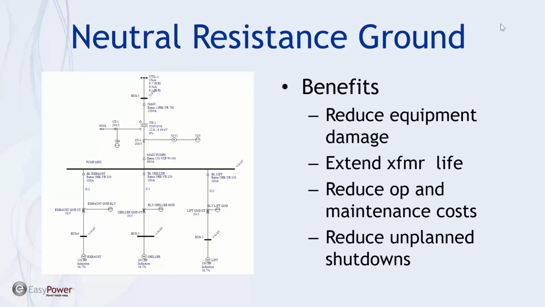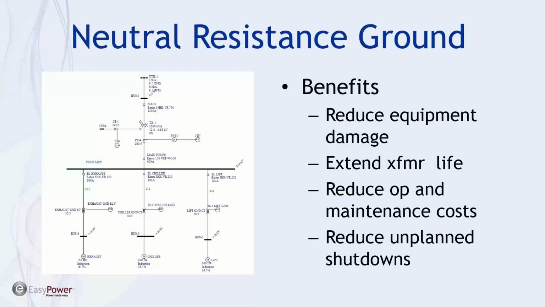Neutral resistance ground has some key benefits, especially when used in a medium voltage arena or section of the system where there's a fairly hefty cost to the equipment, both in downtime and repair or replacement. The benefits of neutral resistance grounding are to reduce equipment damage and potentially extend the life of the transformer, because now you're limiting the amount of fault current that can go through the transformer on a ground fault.